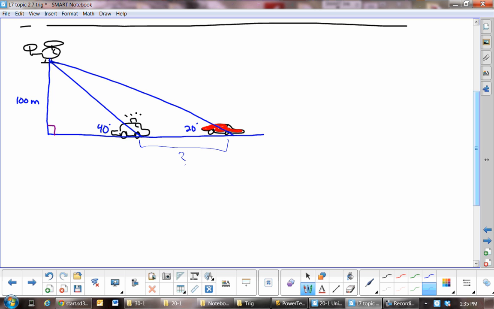Okay. Well, the trick is we have two right angles. Okay. So if I get my highlighter out here, we have this right angle triangle. Everybody see that? And then we have this right angle triangle.